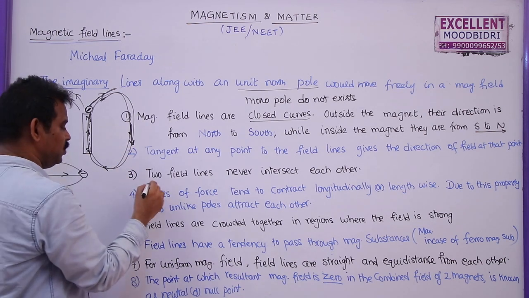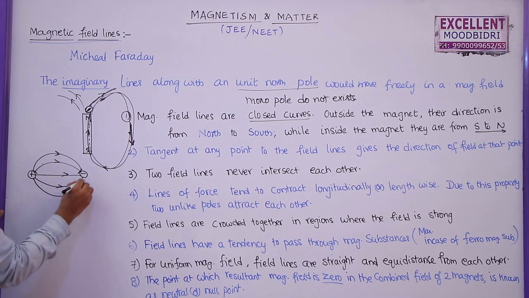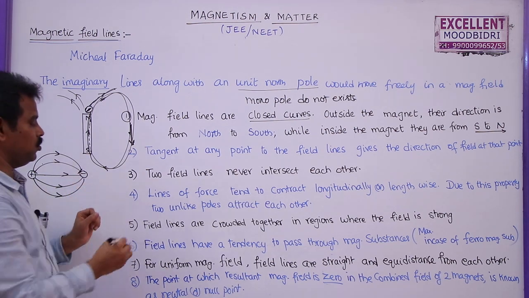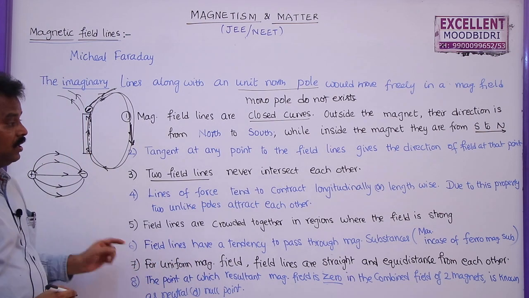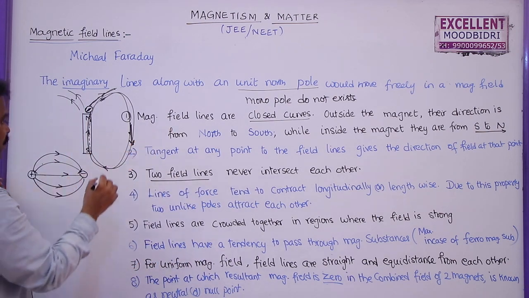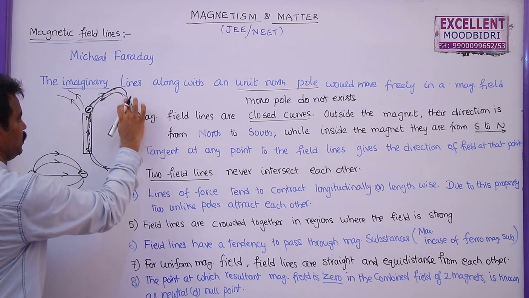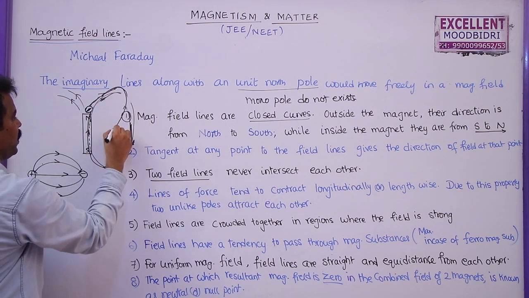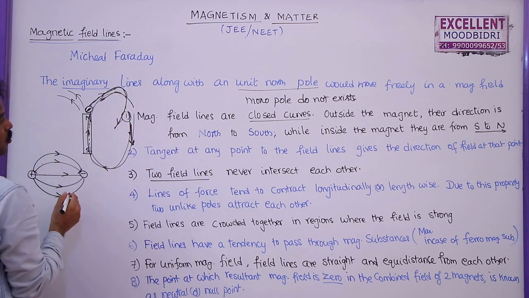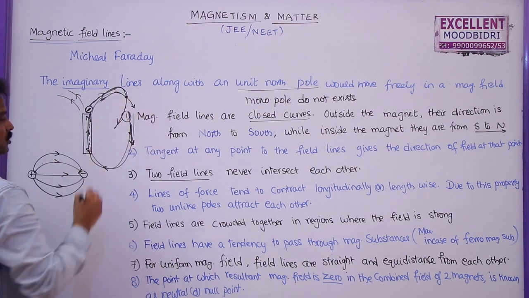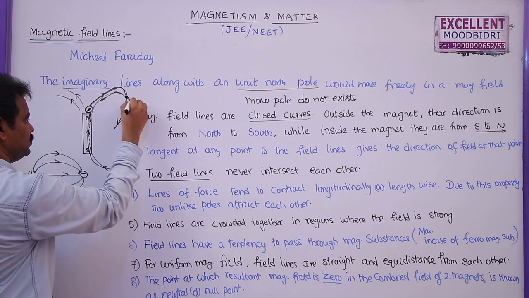Now, as we know, electric field lines never intersect with each other. Similarly, two magnetic field lines also never intersect with each other. Suppose any two magnetic field lines are intersecting at a point. Let us say this line is coming like this and this line is going like this. If these two intersect with each other at this point, the field will have two directions, one along this path, one along this path.